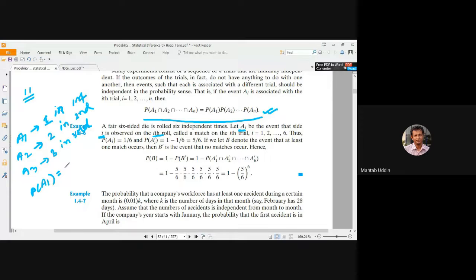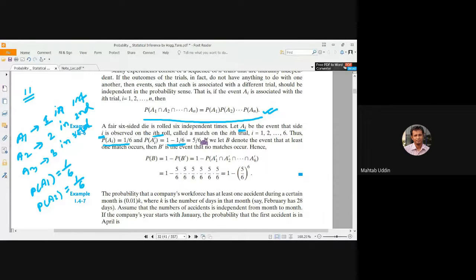So getting 1 is 1 by 6. Also getting 2 is 1 by 6. So P of A2, 2 in the second, is 1 by 6 because they are equally probable. That is, for every i, the probability is 1 by 6. If the probability of Ai is 1 by 6, the probability of not Ai is 5 by 6.